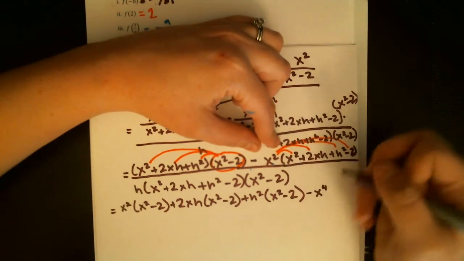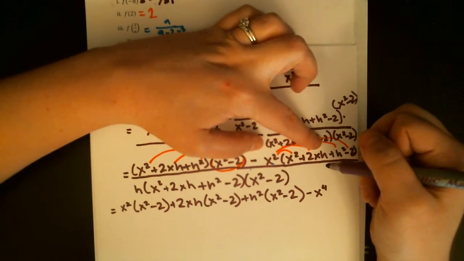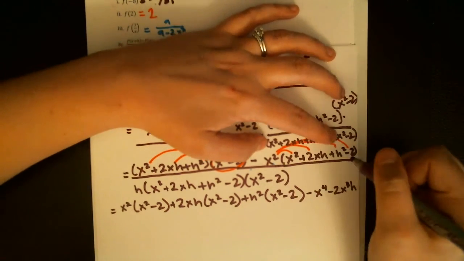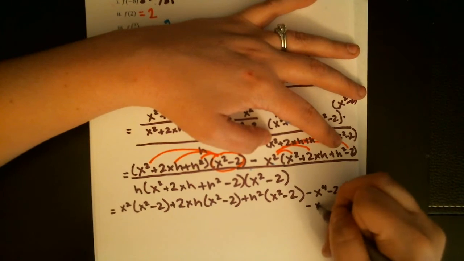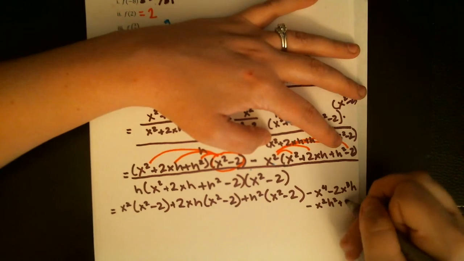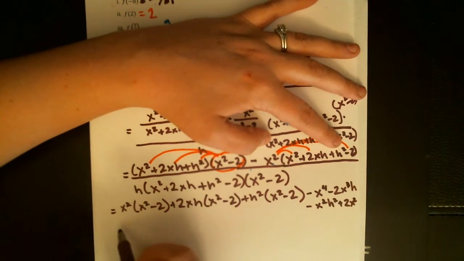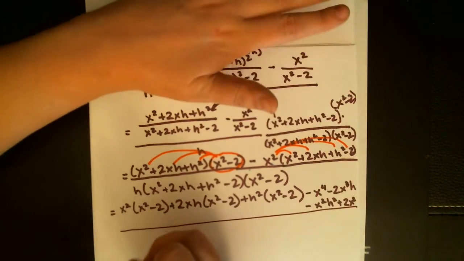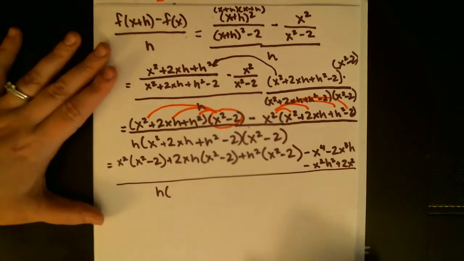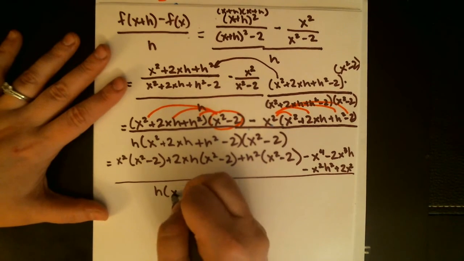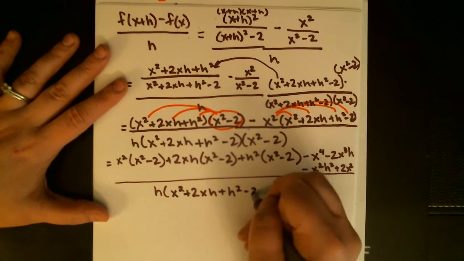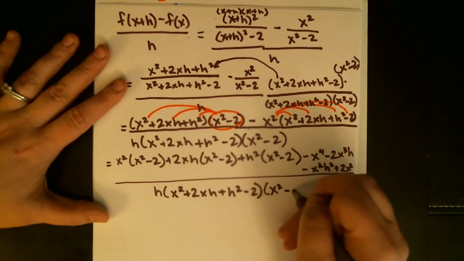Negative x to the fourth minus 2x cubed h minus x squared h squared minus, plus, two minuses, 2x squared. Okay, pretend that all fit on one line. Over h times x squared plus 2xh plus h squared minus 2 times x squared minus 2.